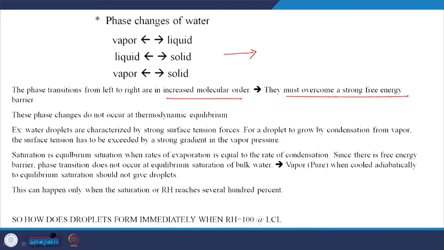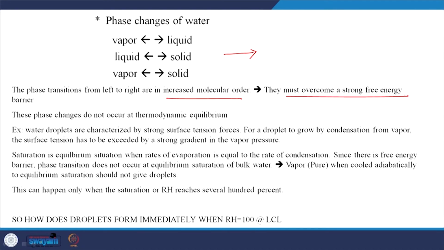Now, saturation is equilibrium when the rate of evaporation is equal to the rate of condensation. If you consider a droplet, if a molecule has to escape this droplet, it has to cross the surface tension barrier. So, saturation is an equilibrium point when the rate of evaporation is equal to the rate of condensation. Now, since there is a free energy barrier, phase transition does not occur at the equilibrium saturation of bulk water, right.